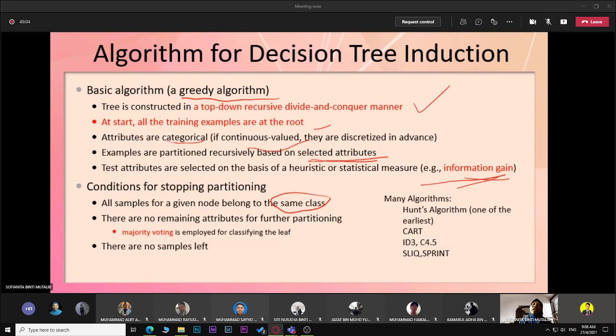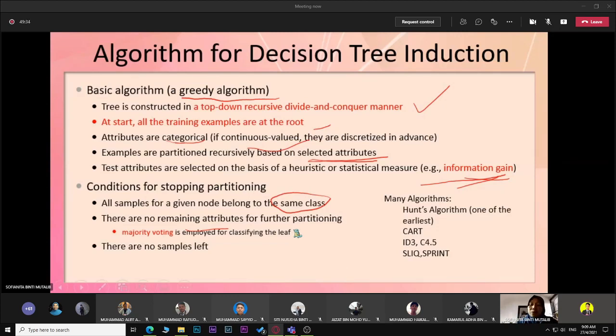Other than that, if you look at the data set itself and there are no other samples to be processed, the process will be terminated. The same goes for the attributes: there are no more attributes to be considered for partitioning, meaning all attributes have been used and shown in the decision tree.